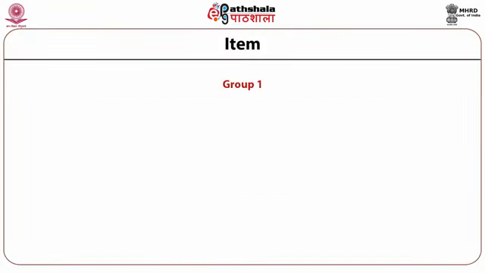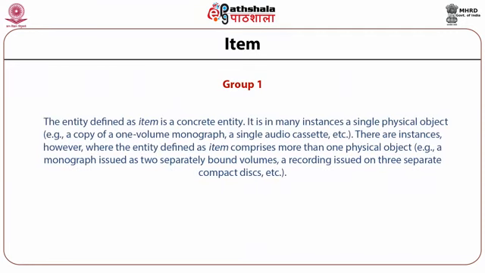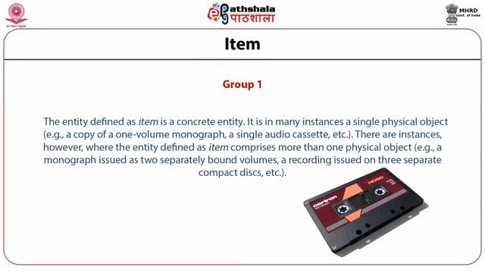Then come to item. The entity defined as item is a concrete entity. In many instances it is a single physical object, that is, a copy of one volume, one monograph or a single audio cassette. There are also some instances where the entity defined as item comprises more than one physical object, for example a monograph issued as two separately bound volumes.